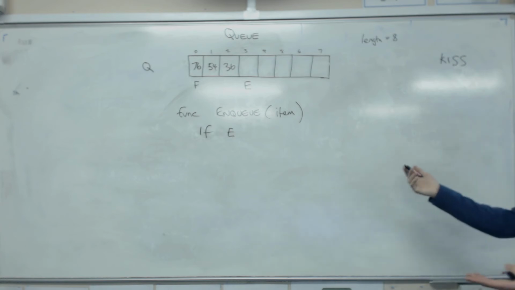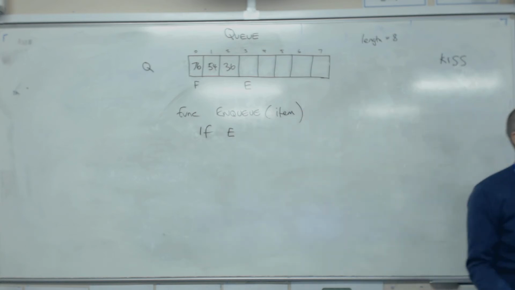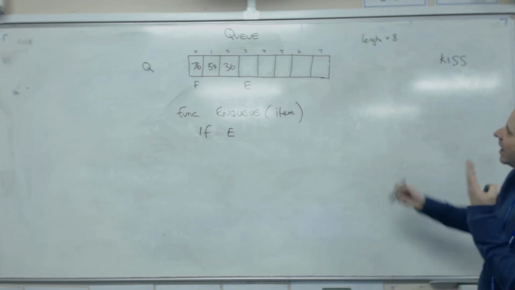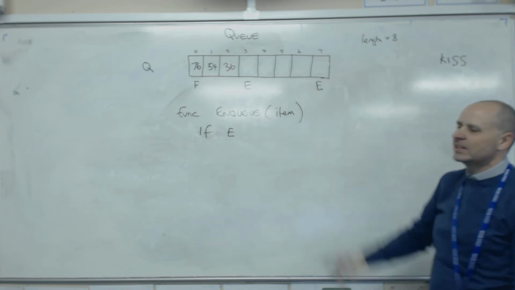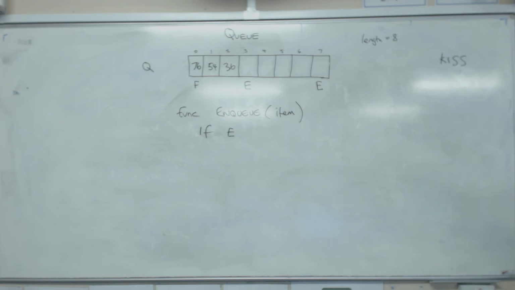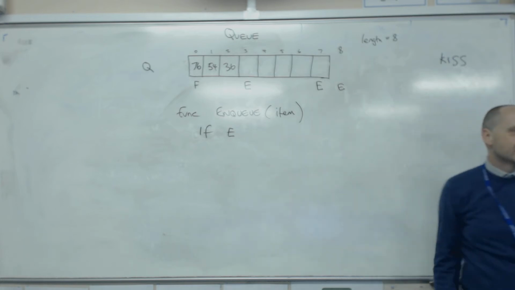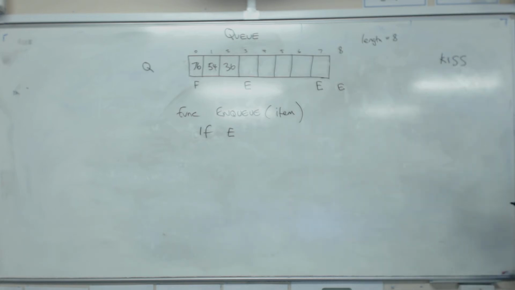Right, so in this example, 3 is going to be okay. So if E is 3, it's going to be okay, isn't it? So that's all right. So always give yourself an example. If E is there, we're still okay. E is less than the length. But if E is there, that would be the magical 8, that's no good. So as long as we're less than the length, that should be okay, shouldn't it?